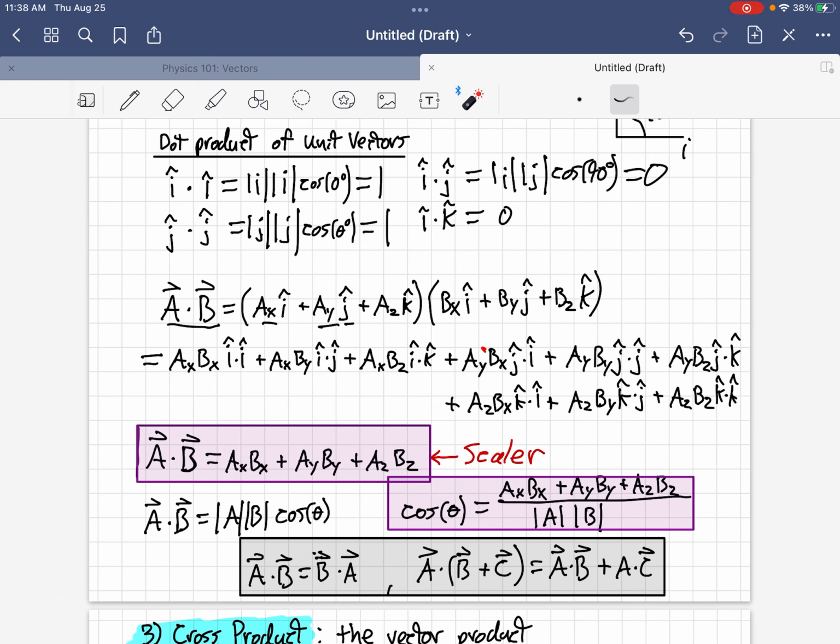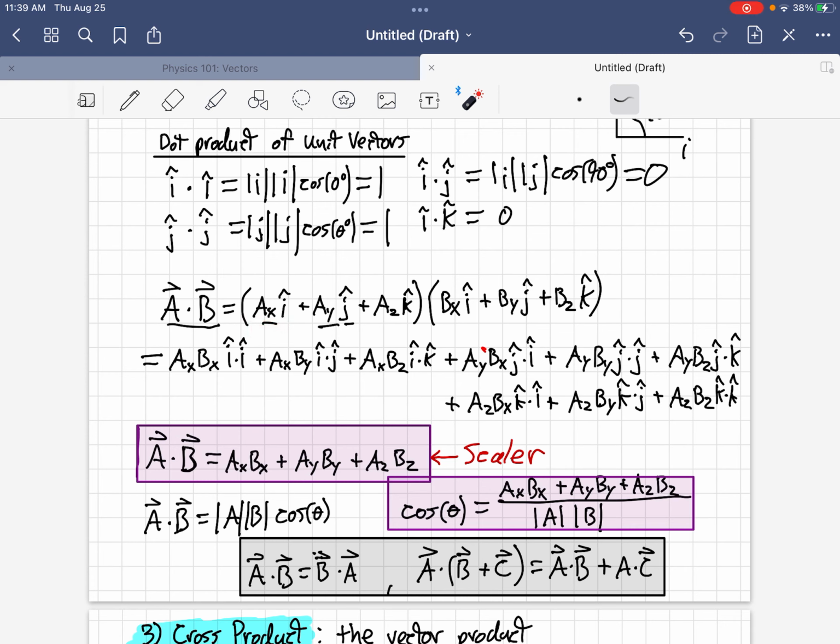We're going to have AX times BX, and they both have I dot I, and then the magnitude AX times BY times I dot J, and let's say the magnitude AX times BZ, so we're just thinking about this guy multiplying by these 3 guys.